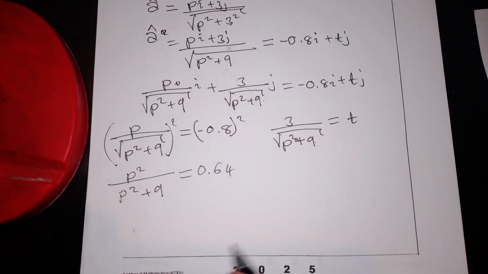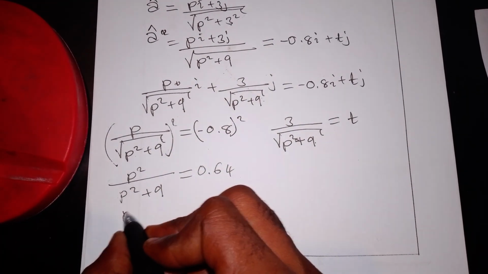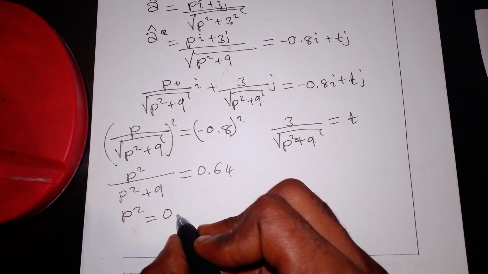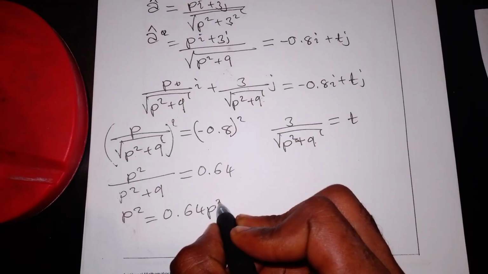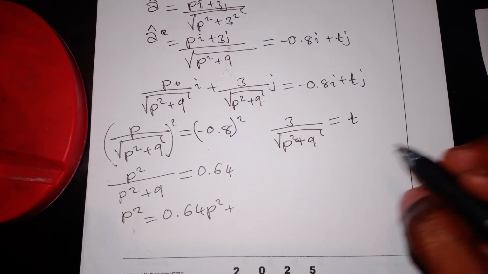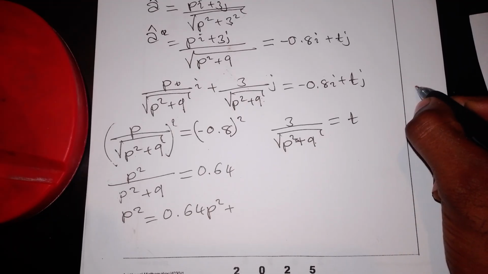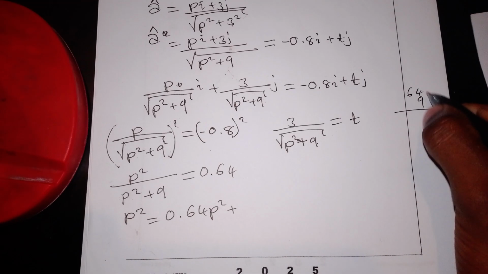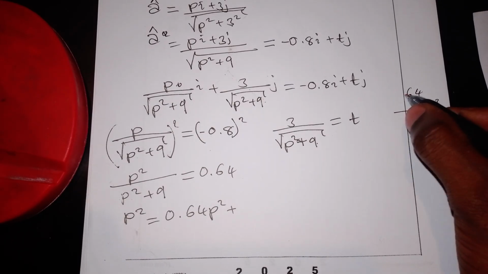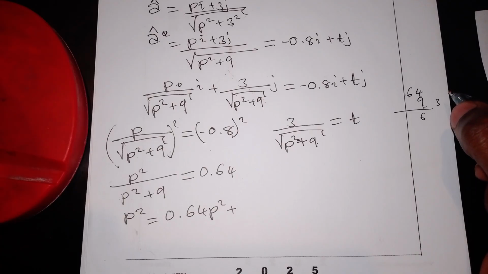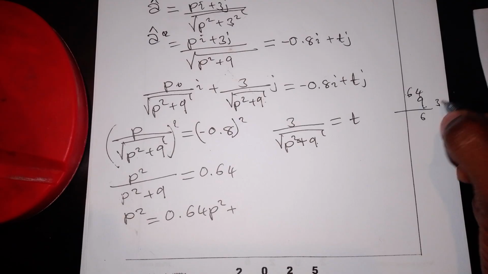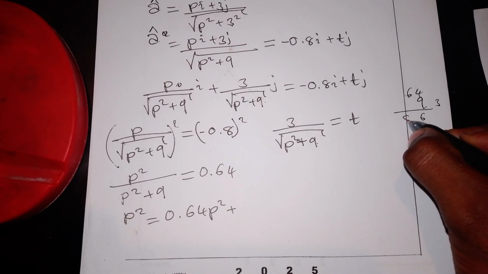Then you can cross multiply now, so that you have p squared is equal to this times this, 0.64 times (p squared plus 9). I don't have my calculator, so 64 by 9, that's 576.